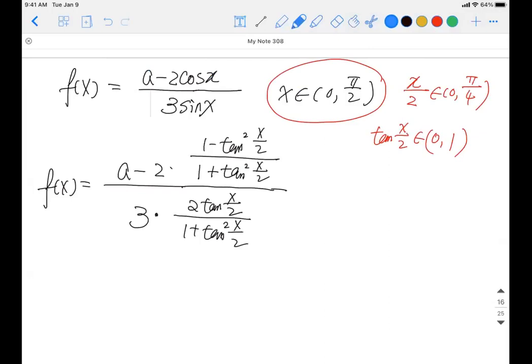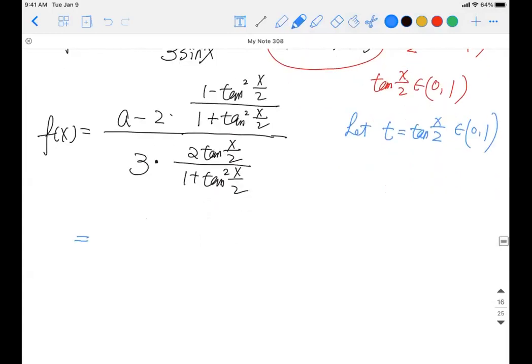So that being said, I'm going to let t equal tangent x over 2. So t will be between 0 and 1, right? Try to make our life a little bit easier, there are too many notations.